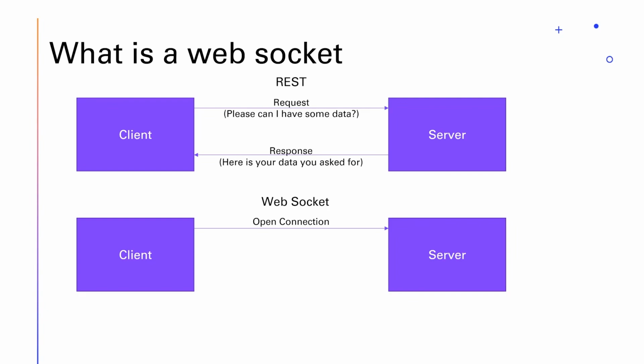WebSockets is a technology that can keep the connection alive to feed data back and forth. So the client sends a request to the server asking to open a WebSocket connection. The server will then handshake and say, yep, this is fine. And all of a sudden you've got an open connection between your client and your server. That means you can then have bi-directional communication between your client and server.